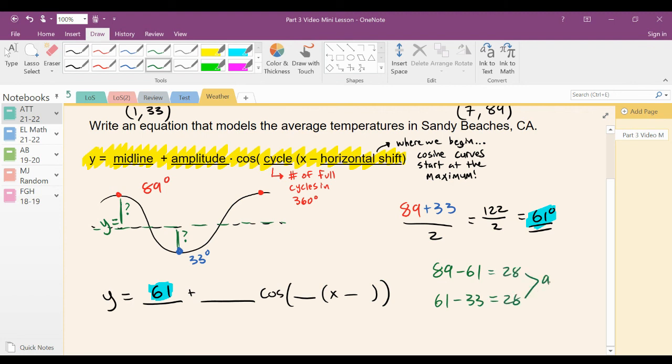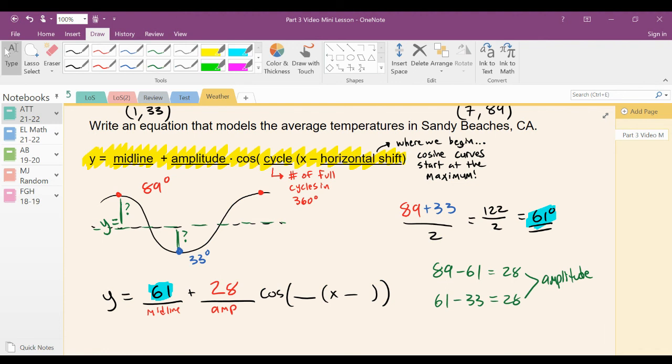This 28 is my amplitude. It's the difference between my midline and the maximum or the minimum. So we'll put that 28 right in here as my amplitude. Now we have our midline, we've got our amplitude. Because we're looking at a positive cosine equation, we've got that plus sign in between my midline and amplitude. Now what we need to figure out is that cycle piece and the horizontal shift.